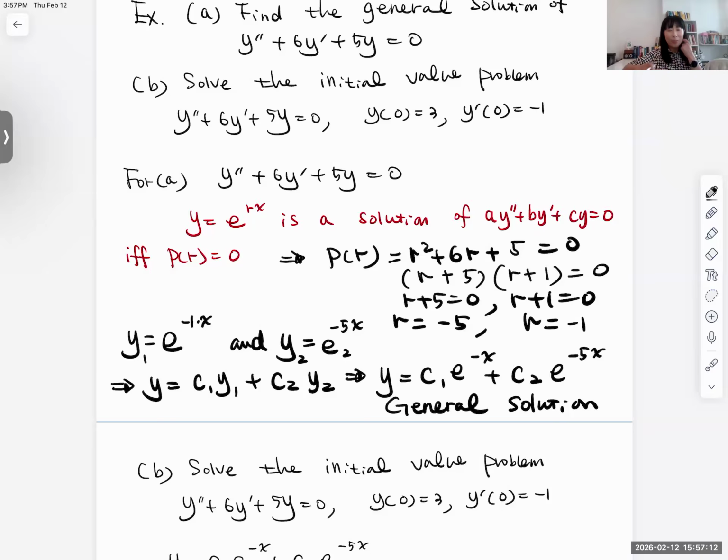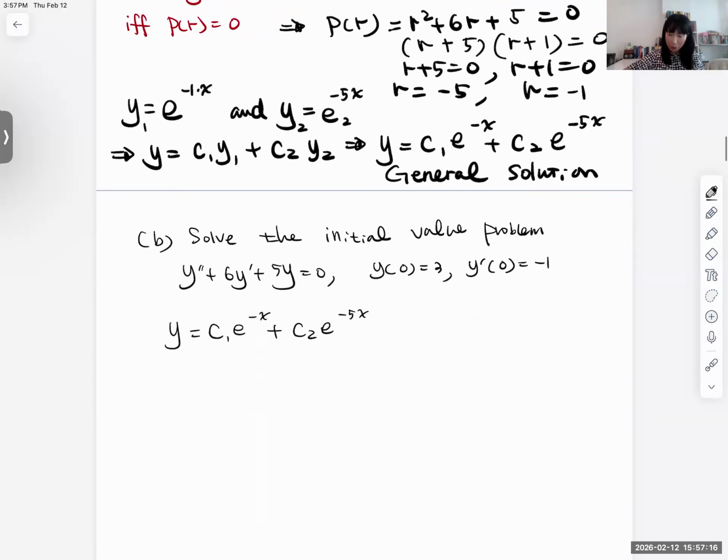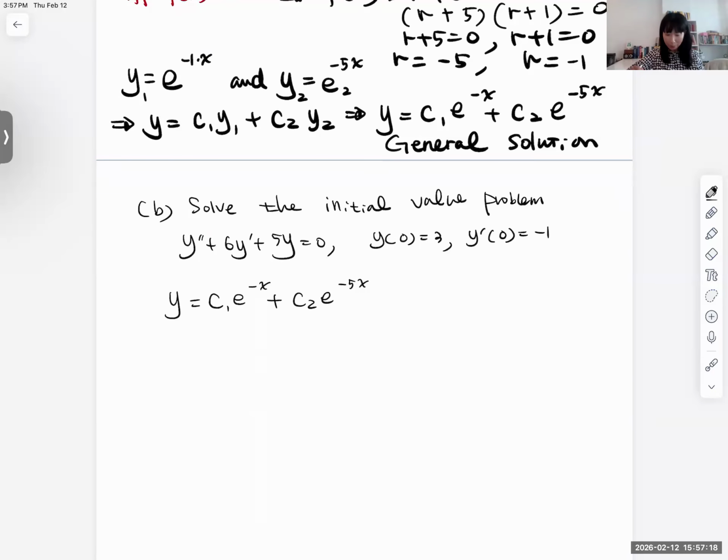All right. Second part. Let us do the initial value problem. So given the information, we need to solve for the c's, and we are going to find the particular solution, right? Okay, let us do this.